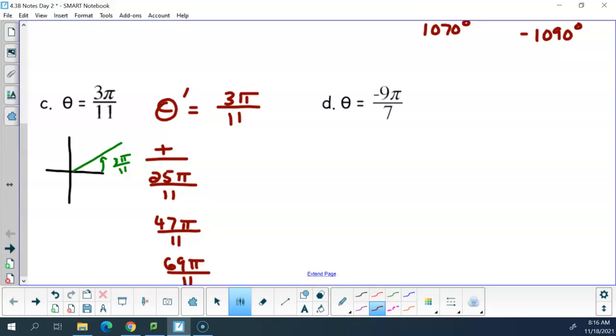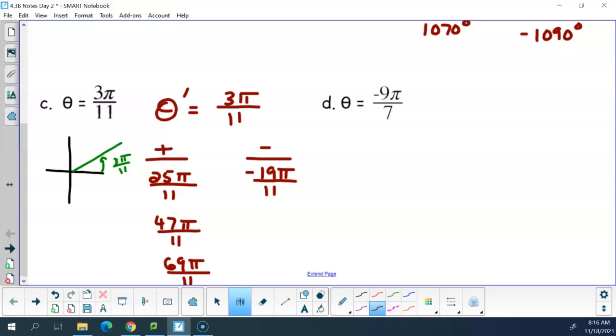Negative. Nope, hold on. Yeah. I went in the positive direction in my brain, and I'm like, nope, I should get to 25. That was a positive one.